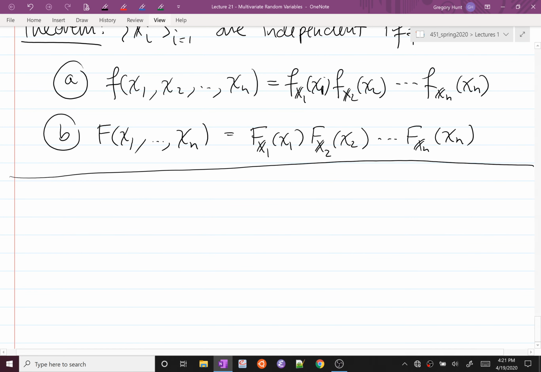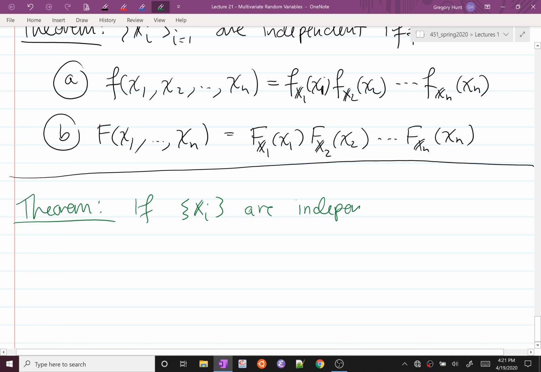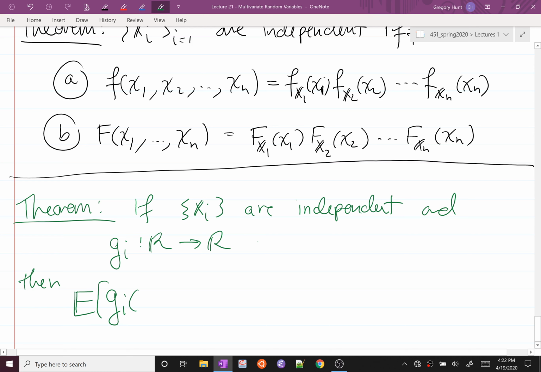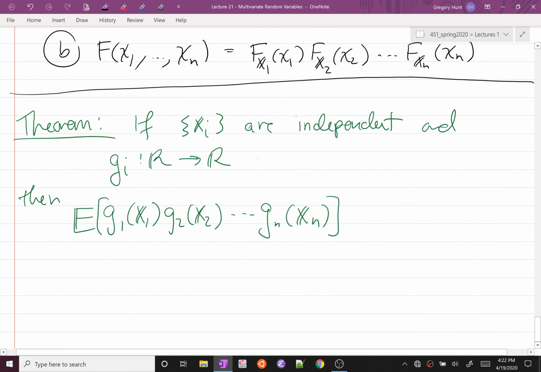The other useful theorem, which we saw in the bivariate case and can be extended to the multivariate case, is that if these x sub i are independent, and g sub i is just some real valued function, so we can have a real valued function associated with each of them, then the expected value of g1 of x1 times g2 of x2 times gn of xn, we can factor this.